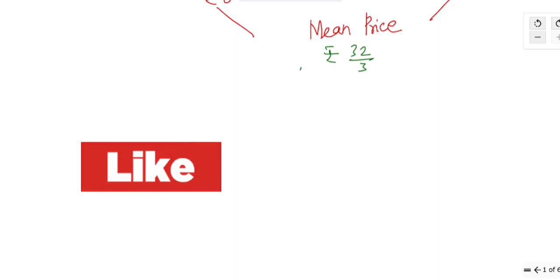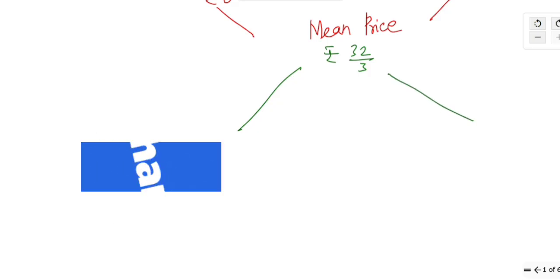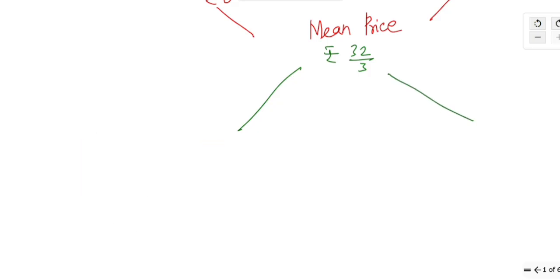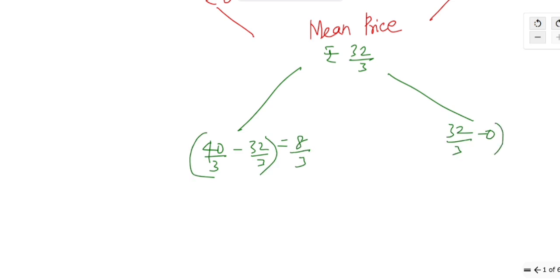32/3. Now we need to do the subtraction. Cost price of milk minus mean price, 40/3 minus 32/3, that is nothing but 8/3. Here 32/3 minus 0, the mean price minus our water cost price, is the same thing, 32/3.